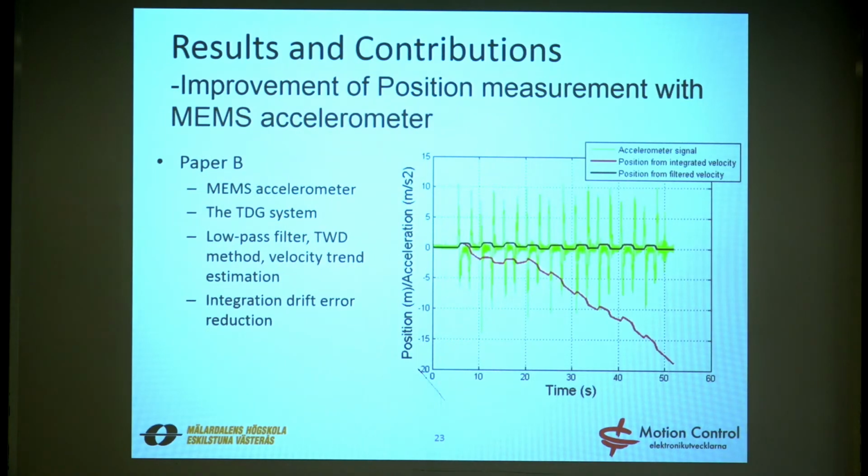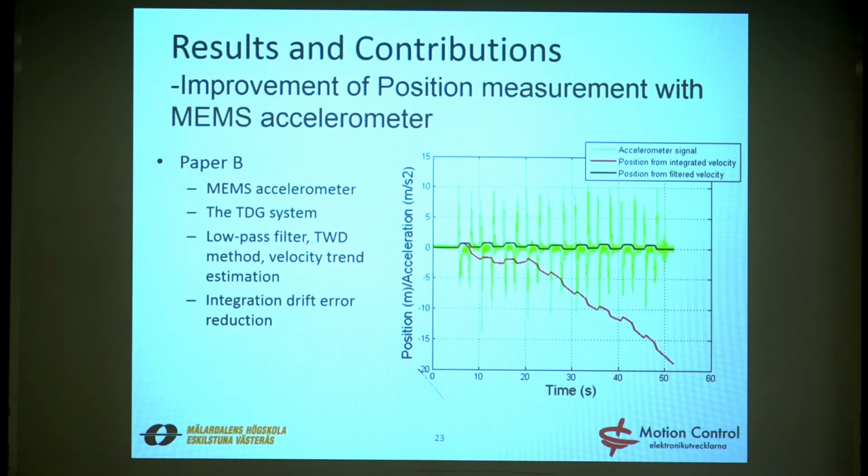In paper B, with MEMS accelerometers for the position measurements, a low-pass filter, the velocity trend estimation method and the TWD method were used to reduce the integration drift.